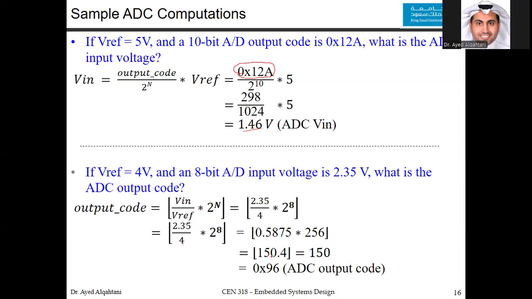You get the floor, which is, you have 150.4, you get the floor and you take out the 4, and now you have 150. In hexadecimal, it's 0x96. And that's the way this equation works.